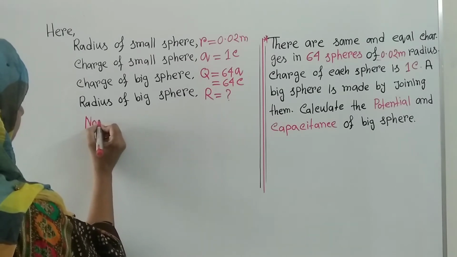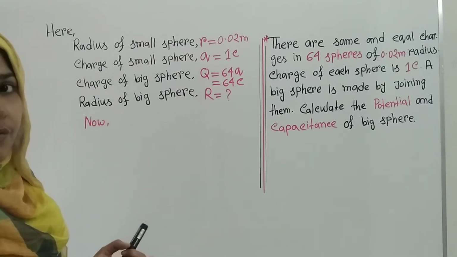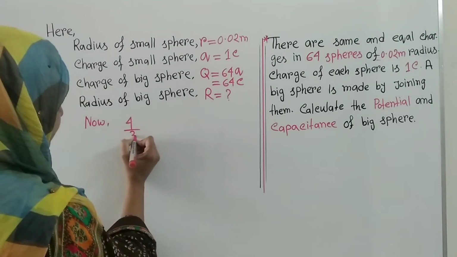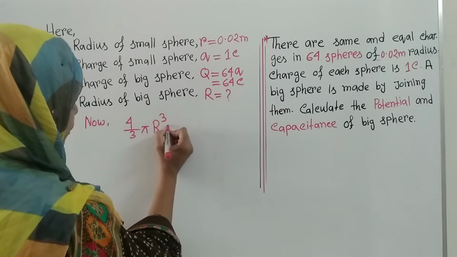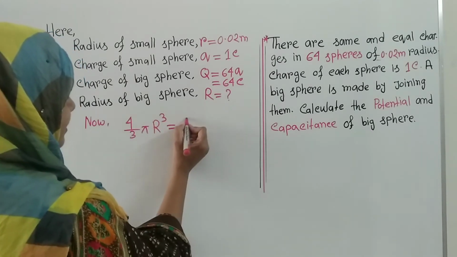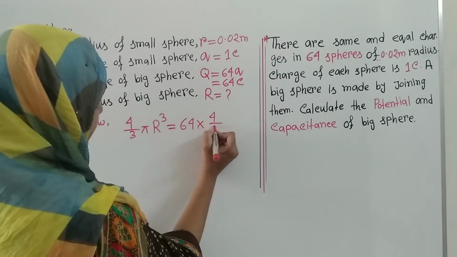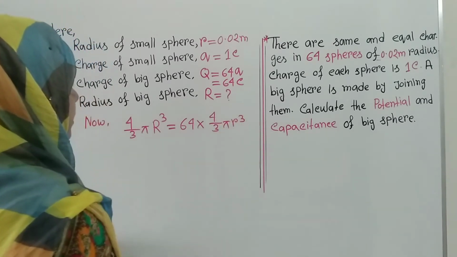Now you know that the formula of volume for a spherical shaped object is 4/3 pi R cube, so 4/3 pi capital R cube is equal to 64 into 4/3 pi small r cube.